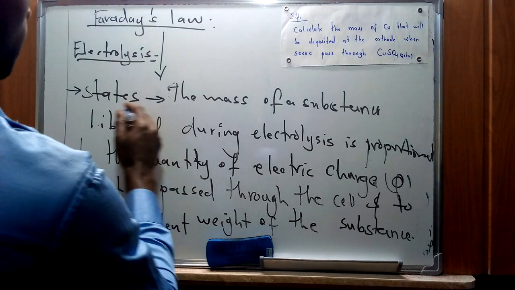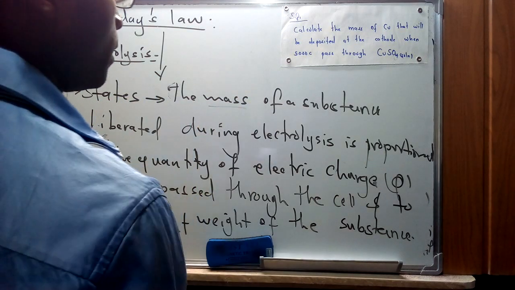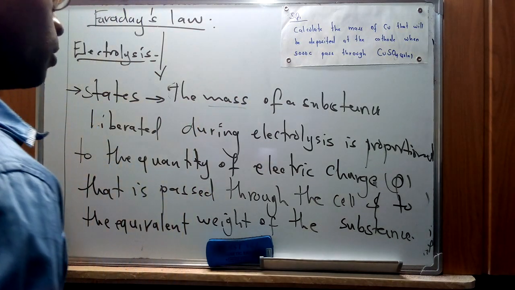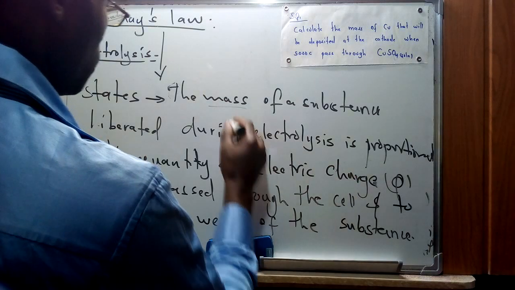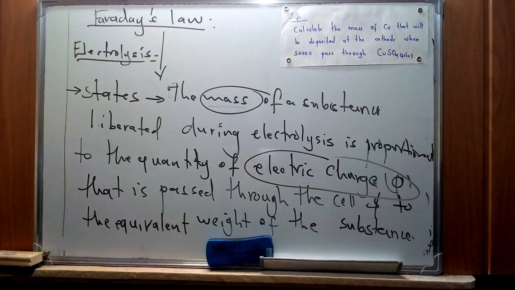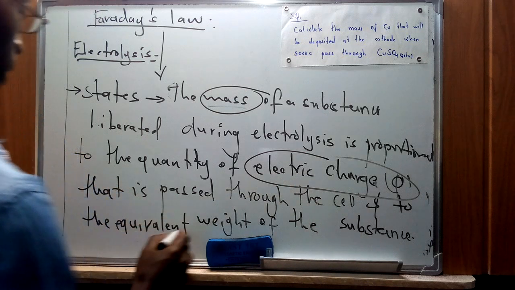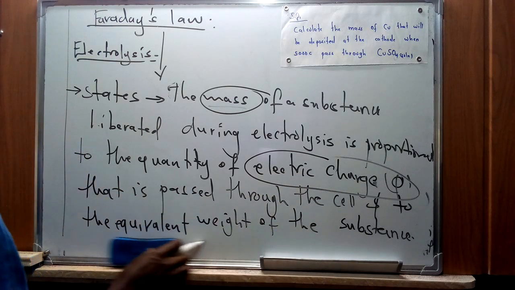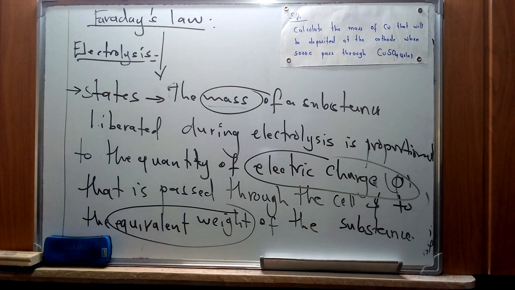So basically we have said that the law states that the mass of a substance liberated during electrolysis is proportional to the quantity of electric charge. So therefore there's a relationship, electric charge Q, that is passed through the cell and to the equivalent weight of the substance.